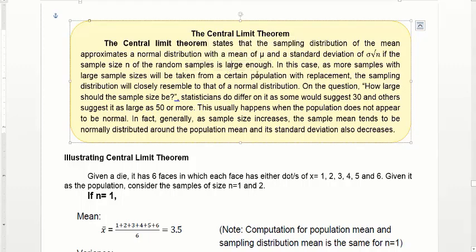Okay, when it is large, when there are many. In this case, as more samples with large sample sizes are taken from a certain population with replacement, the sampling distribution will closely resemble that of a normal distribution.